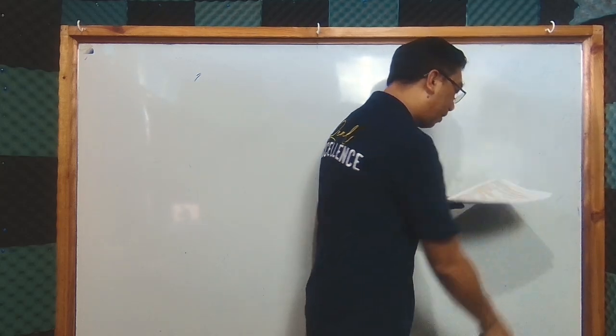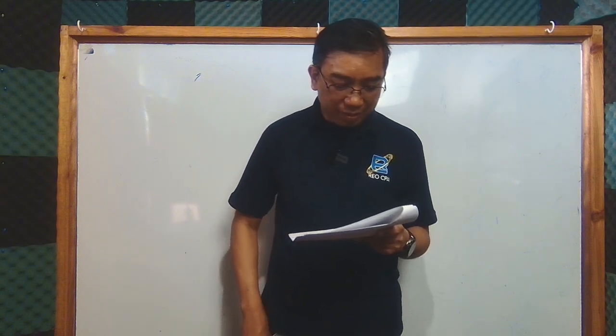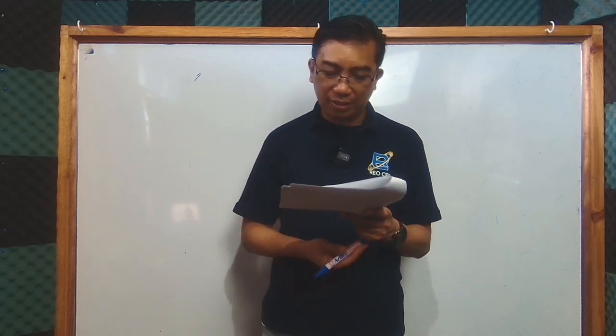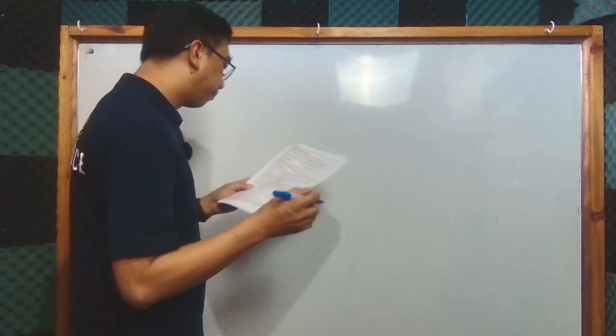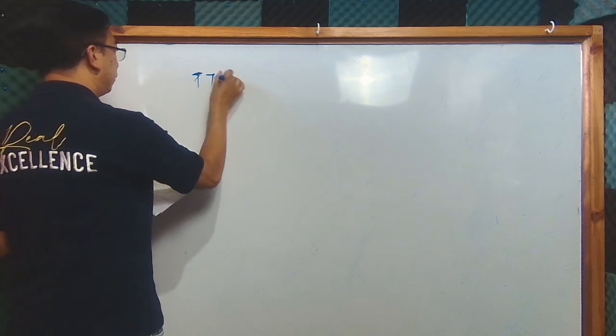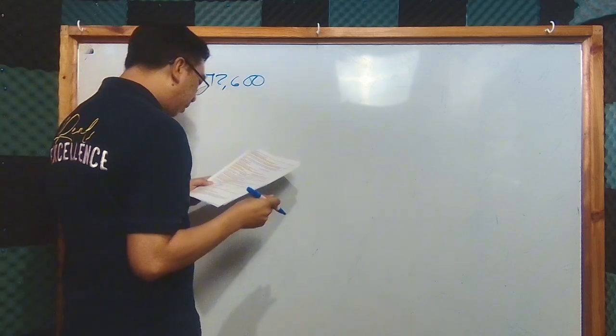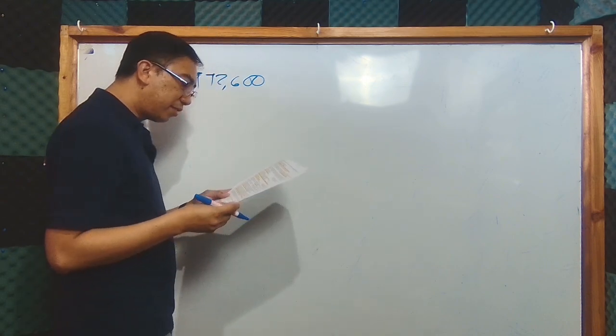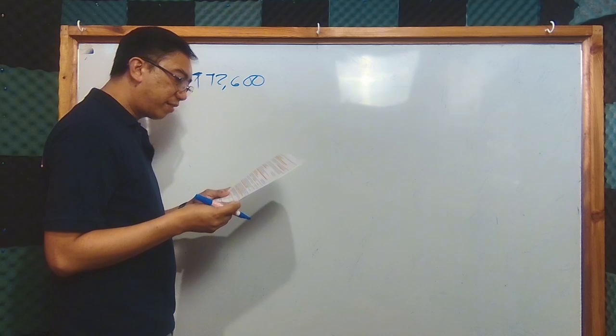So, work back natin to. Okay, work back natin siya. So, magkano nga ba yung total na revenues natin? 72,600, di ba? Okay, revenue 72,600, a 10% increase over the last year.